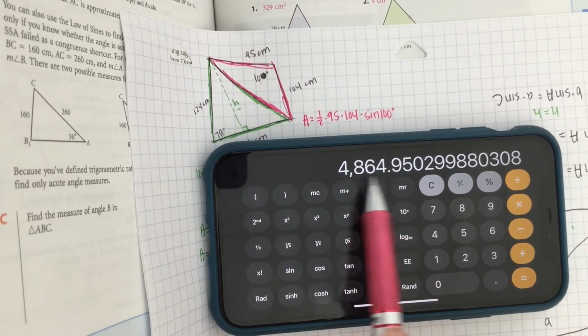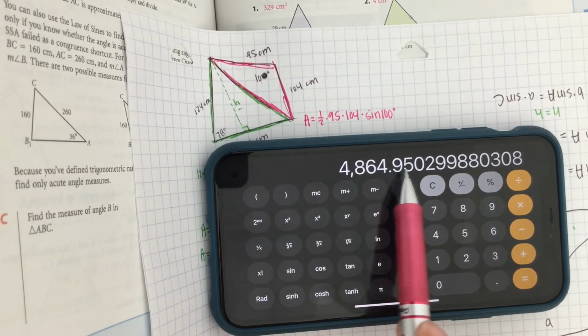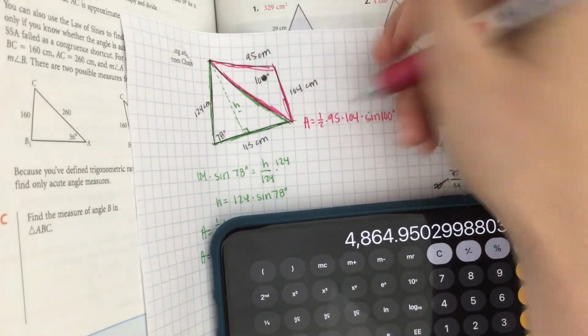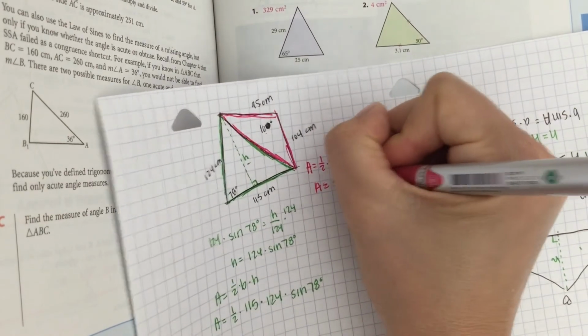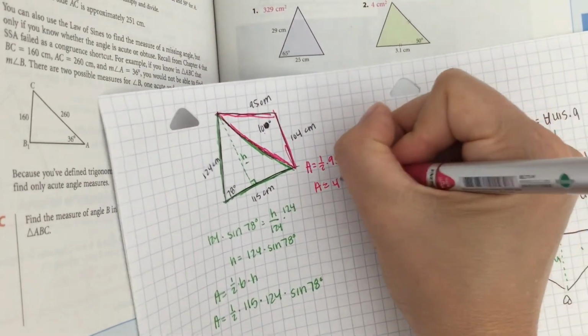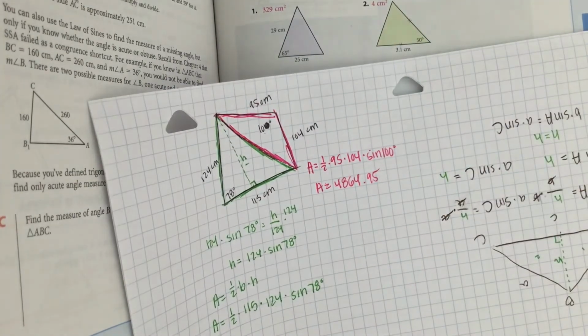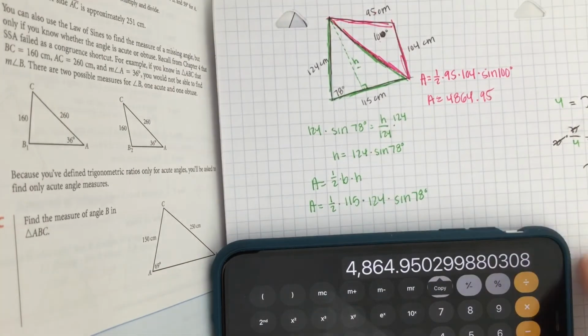So this area is, and I'm going to keep the 2 decimals just so I get a little bit more accurate, area equals 4,864.95. And now I'm going to do the area in green, and then I'll add them together.